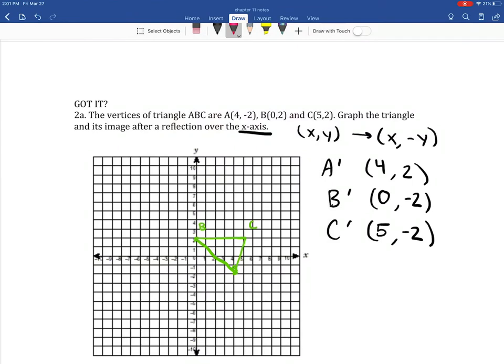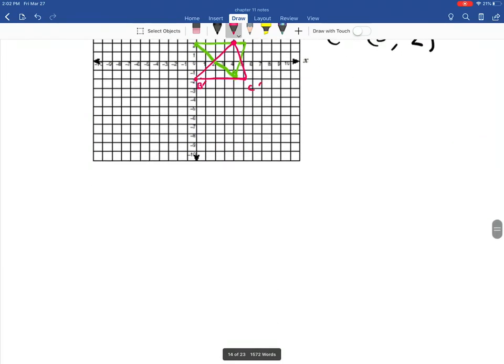I'm going to graph this one in pink. So I'm at (4, 2), (0, -2), and (5, -2). So now if you look at these two, they're just mirror images of each other.